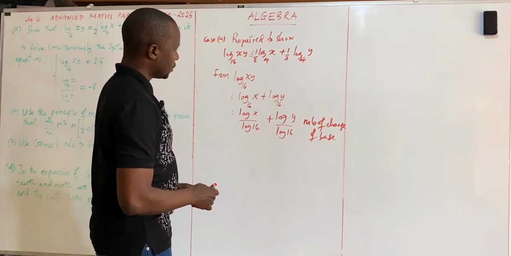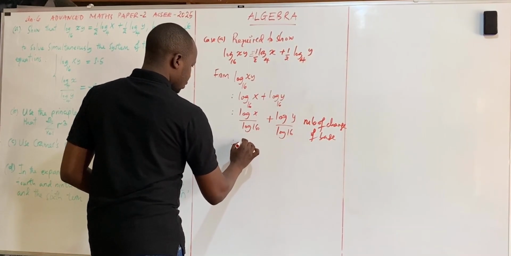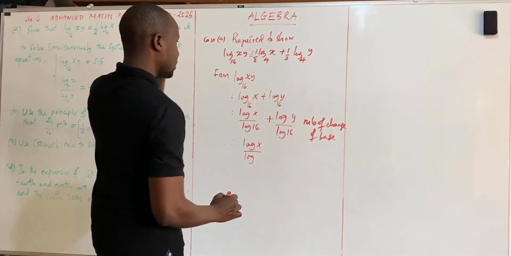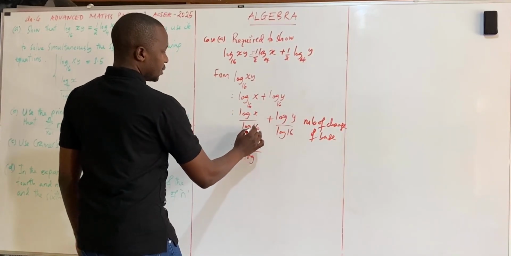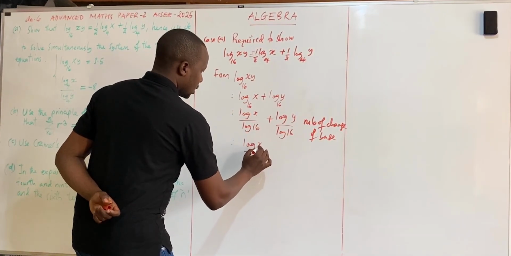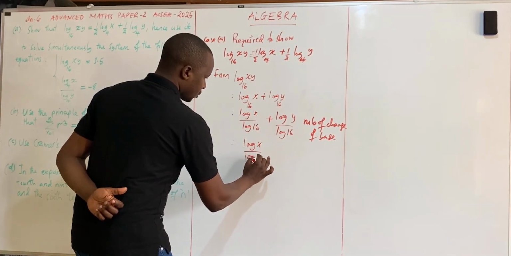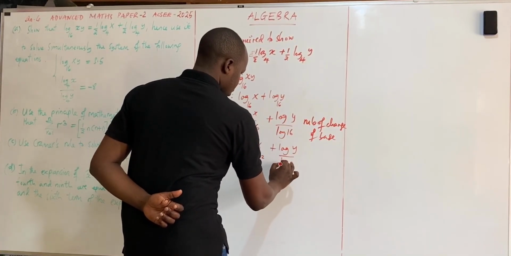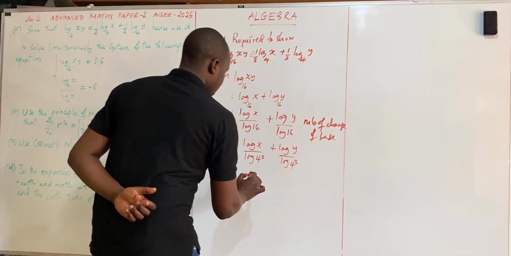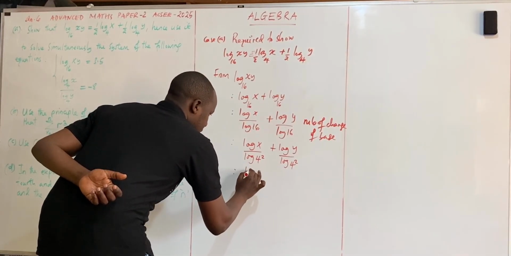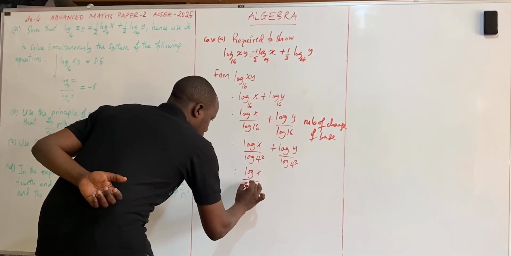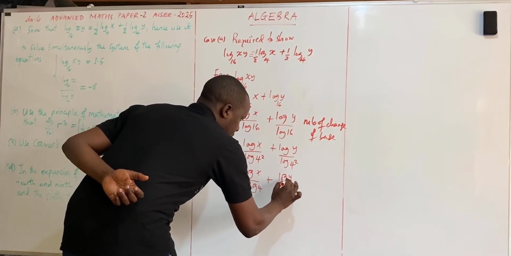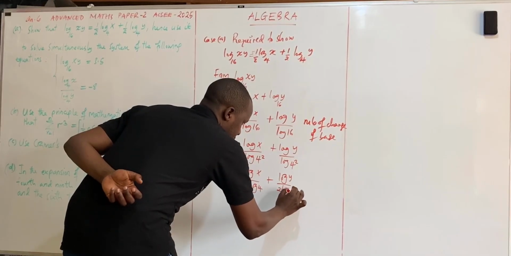Now from here, we can simplify. It is going to be log of x over log of 16, but because we have base 4, 16 is the same as 4 squared. Now we plus log of y over log of 4 squared. Taking it back from the power rule, we have 2 log of 4, and for y, 2 log of 4.